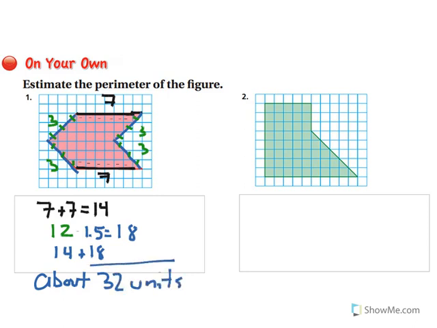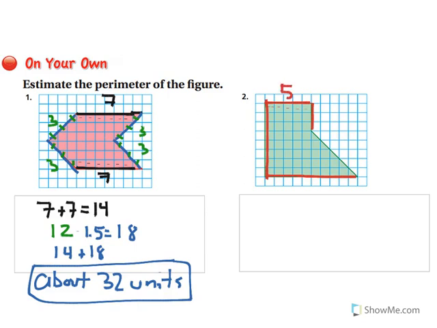I'm hoping that you are able to come up with something very similar to that. Let's take a look at the other example here. I'm going to highlight again the straight edges that are non-diagonals. So I have one here, one here, one here, and one over here. I have 1, 2, 3, 4, 5.